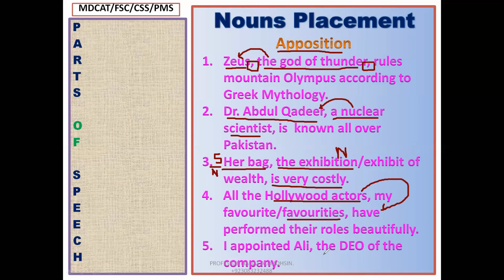I appointed Ellie, the DO of the company, a CEO of the company. Ellie is elaborated with the phrase the DO of the company. The DO is also adding to Ellie, and this is called a noun in apposition. The DO is a noun, Ellie is also a noun.